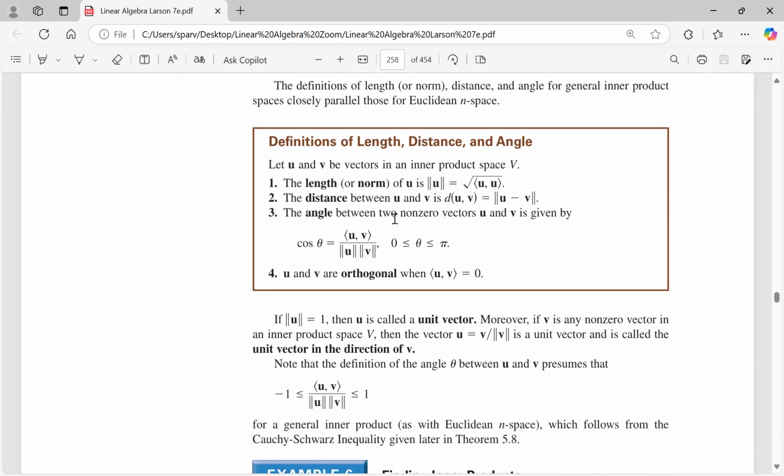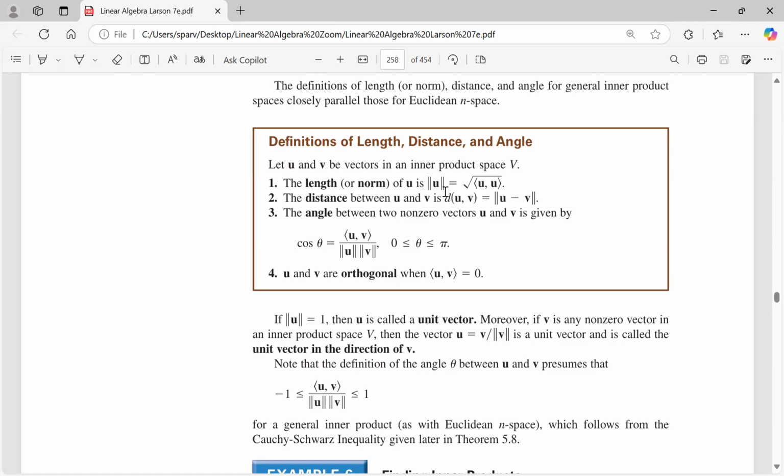And then we talked about length, distance, and angle between two vectors. Remember, the norm or the length of the vector, the magnitude of vector u, is the square root of the inner product of u with itself, because u dotted with u gives you the magnitude of u squared.